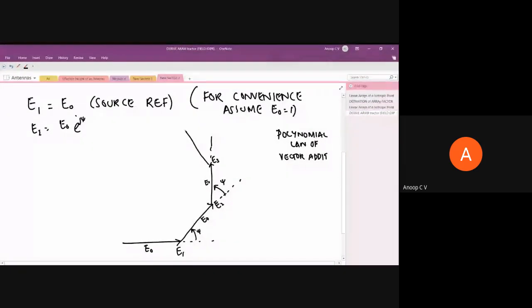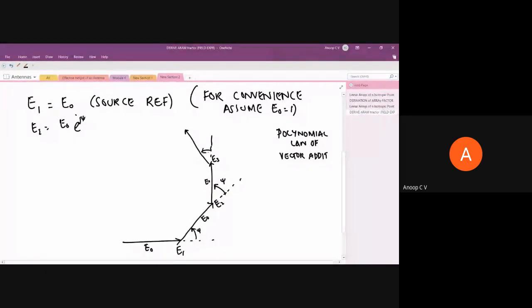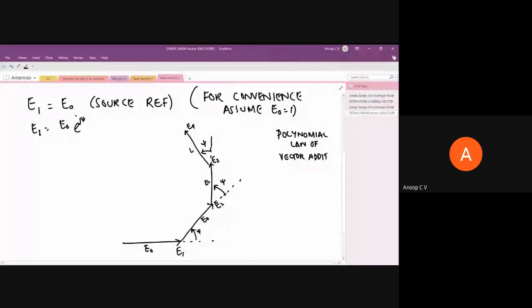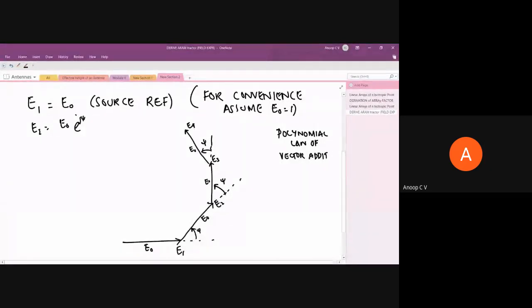When I say advanced, I should measure anti-clockwise by an amount psi. This is E4. All have the same magnitude, E naught itself, and we'll be assuming E naught to be equal to 1. And similarly, E5.